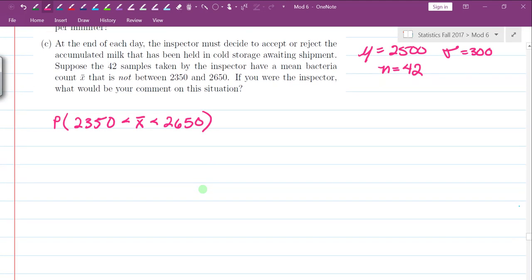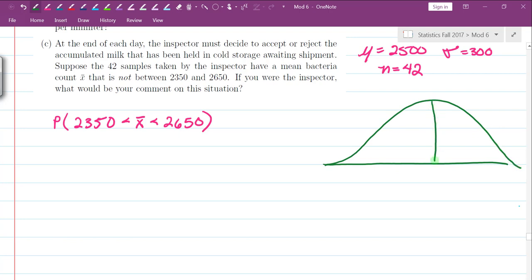We're going to say, what's the probability? Our mean is 2,500. 2,350 is below 2,500, so to the left, we're going to put 2,350. And then 2,650 is greater than our average, so to the right, we're going to put 2,650.